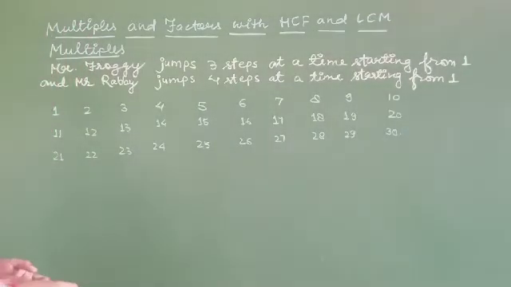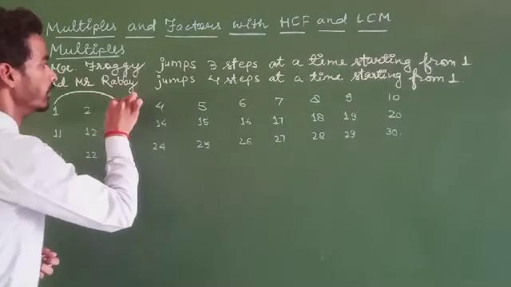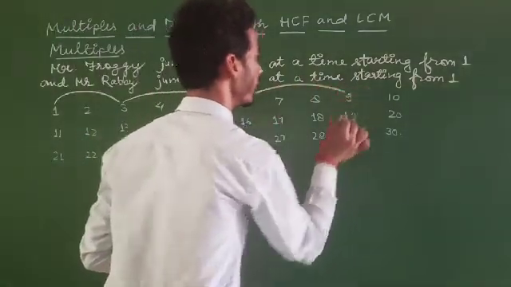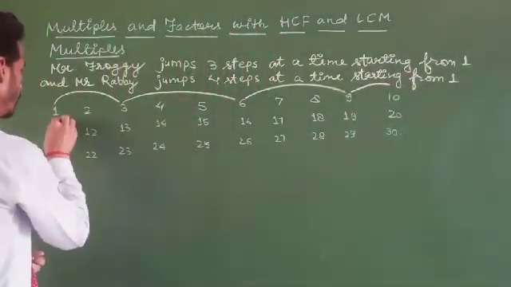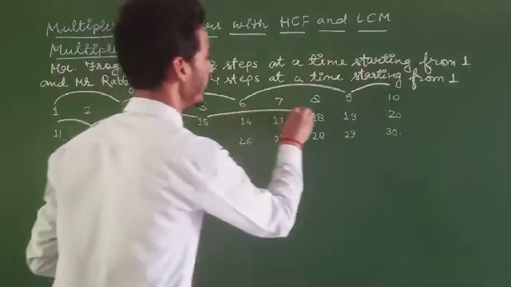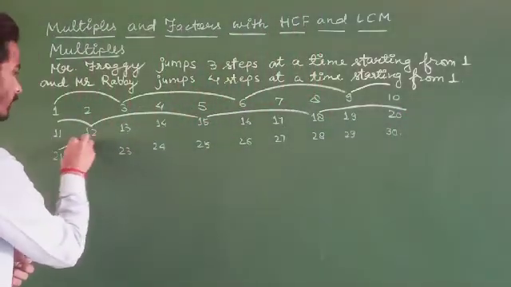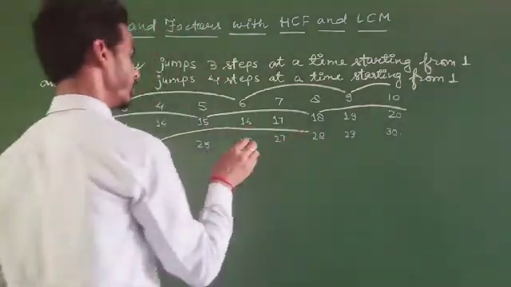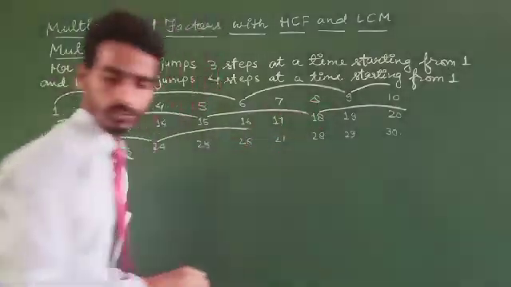Mr. Froggy jumps from 1 to 3, 3 to 6, 6 to 9, 9 to 12, 12 to 15, 15 to 18, 18 to 21, 21 to 24, and 24 to 27.